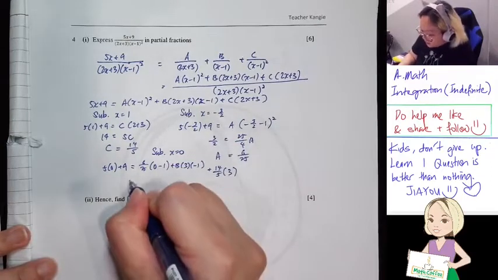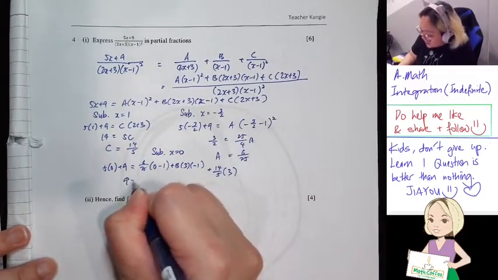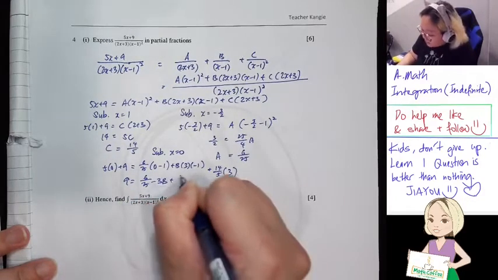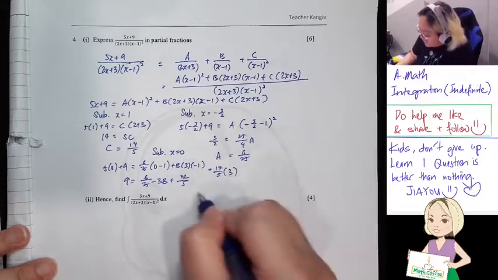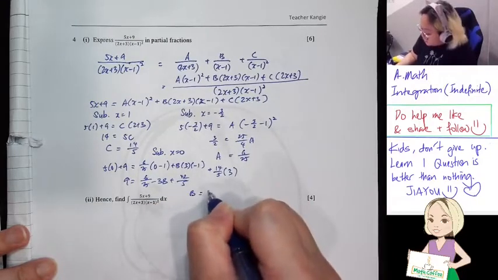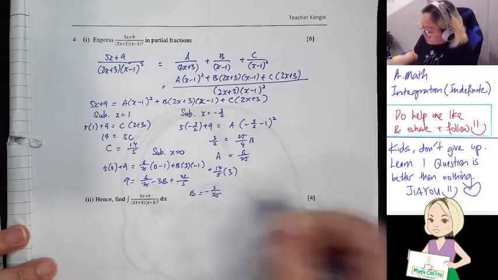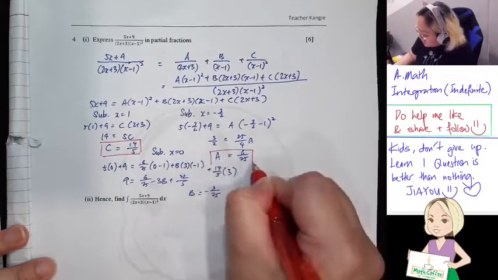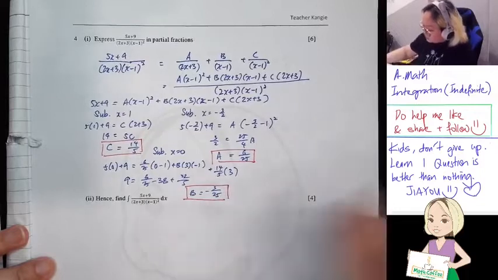Then after that, I will have my 9 equals 6 over 25 minus 3B plus 42 over 5. And eventually, I get my B equals negative 3 over 25. So I have my C here, I have my A here, and I have my B here.